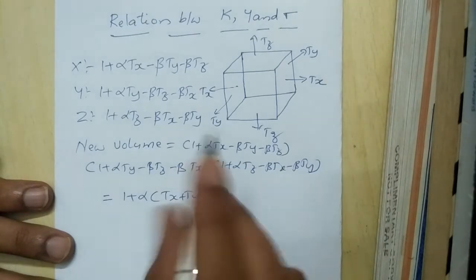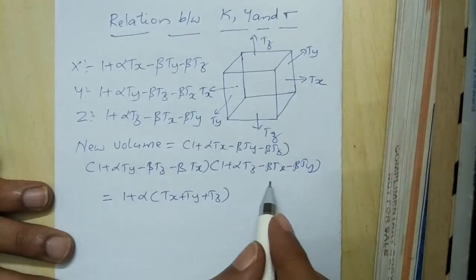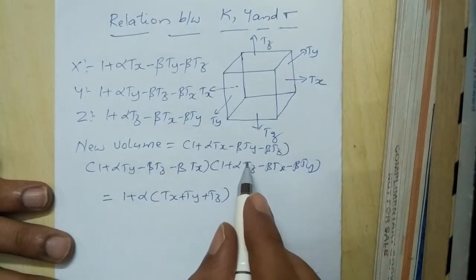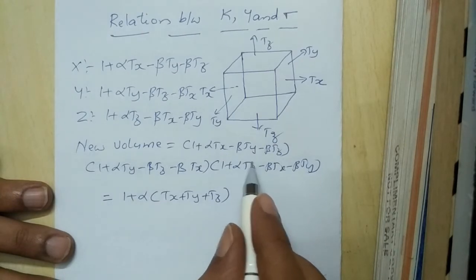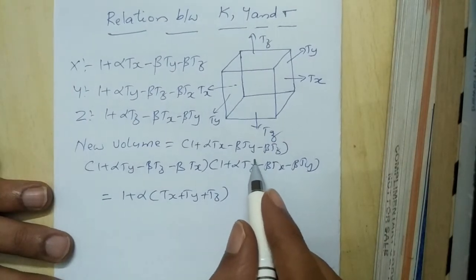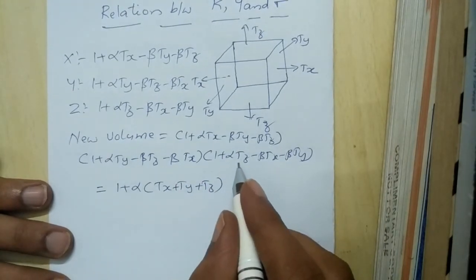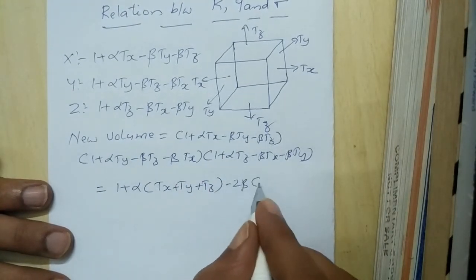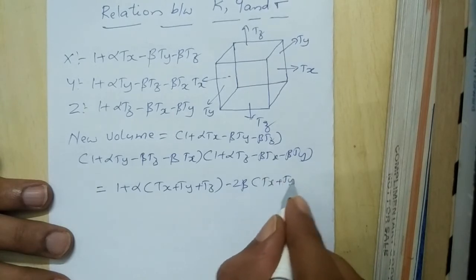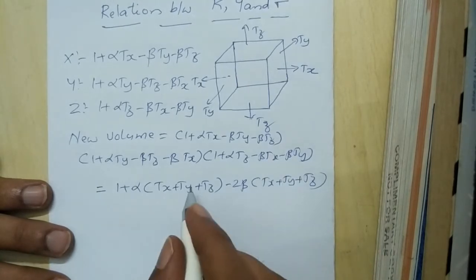That is when you multiply each term and simplify, considering that the product of alpha with beta, or the squares of which, is negligible, you will get 1 plus alpha into Tx plus Ty plus Tz, minus 2 beta into Tx plus Ty plus Tz.